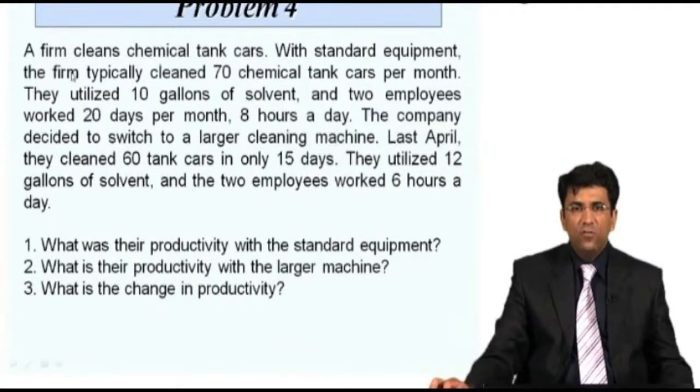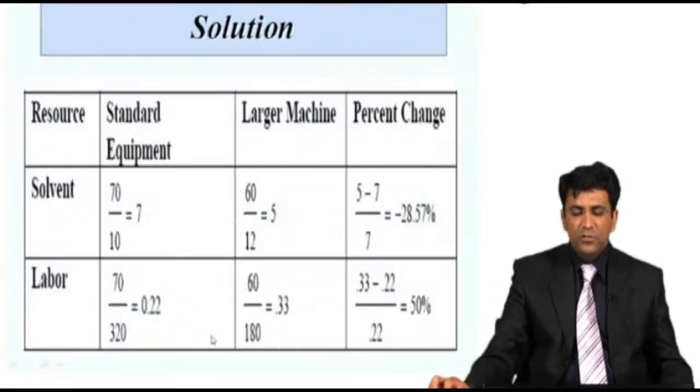Now in this particular case, how will we calculate the new labor hours? 6 multiplied by 15 multiplied by 2, that is the 2 employees. So our new input in this case will be 2 multiplied by 6 multiplied by 15. So that will be equivalent to 180. So in this way we can calculate the new labor productivity after the usage of that larger machine, and you can see there is an improvement in the labor productivity by 50%.